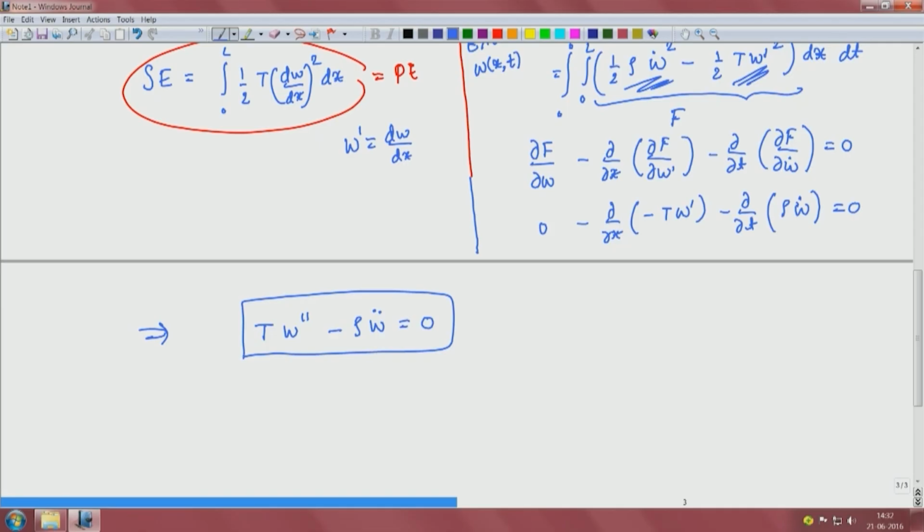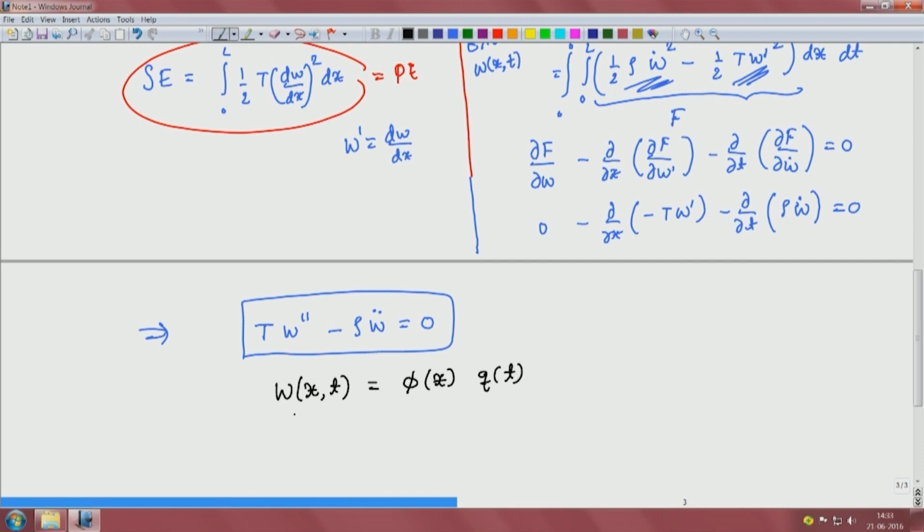Now, in order to solve this, we assume separation of variables, meaning we will assume that w(x,t) has a separate space part, that is x part, and then the time part.